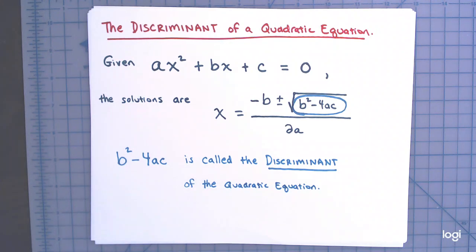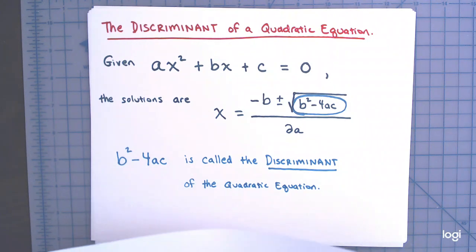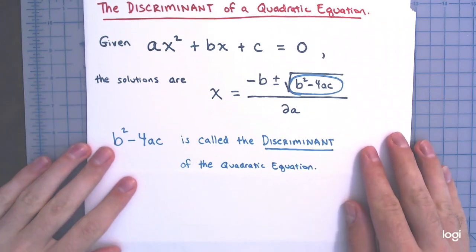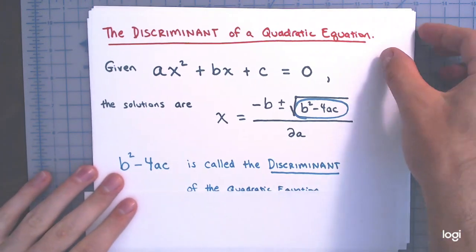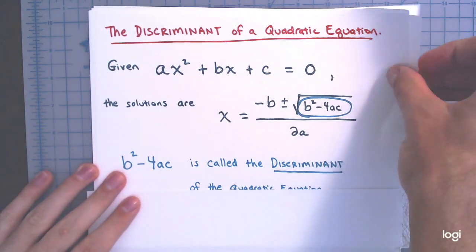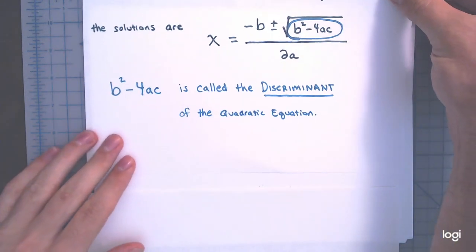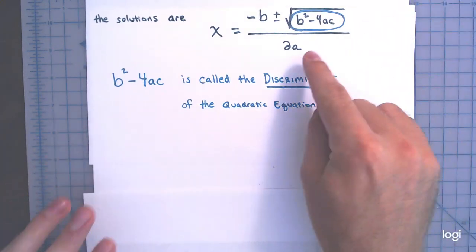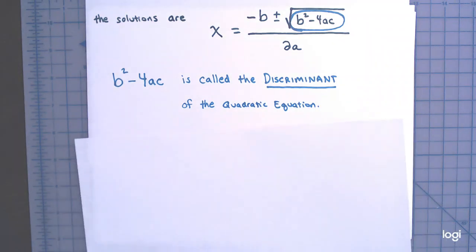Okay. Now how does this b squared minus 4ac tell us about the nature of the solutions we're going to get? I'm going to keep the quadratic formula up here, and we'll talk about what happens when b squared minus 4ac takes on certain values.